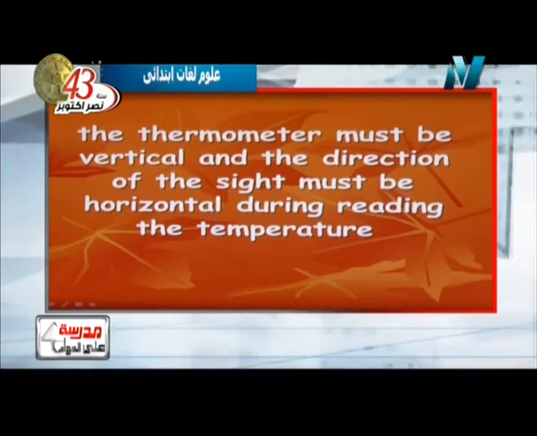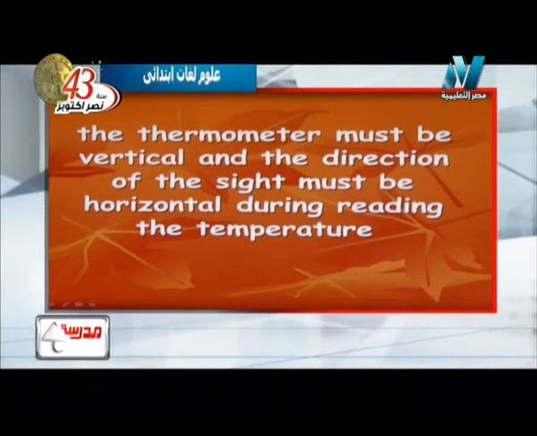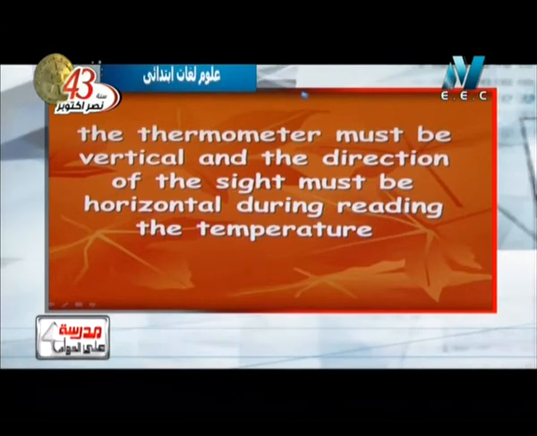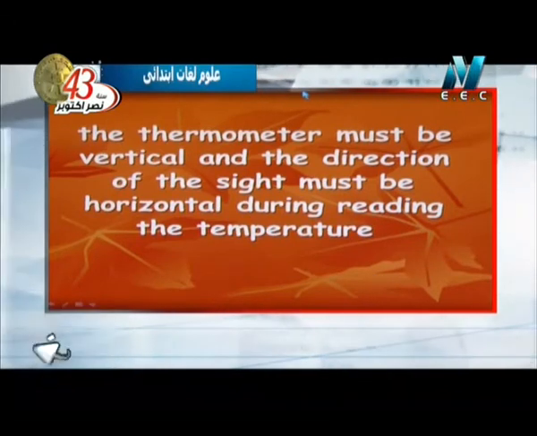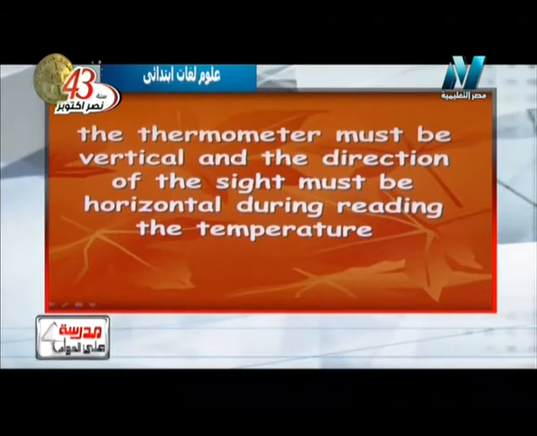The thermometer must be vertical, and the direction of the eye must be horizontal during reading the temperature. Imagine that I have the thermometer now in my hand. I must look at the thermometer vertically like that to know the temperature accurately. I can't measure the temperature like that or like that.